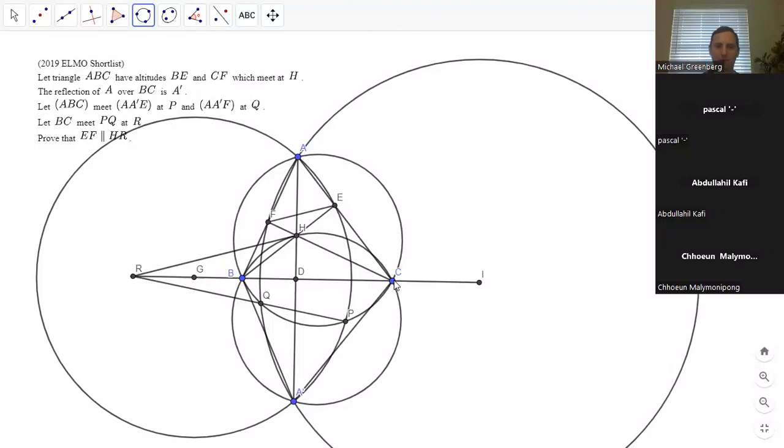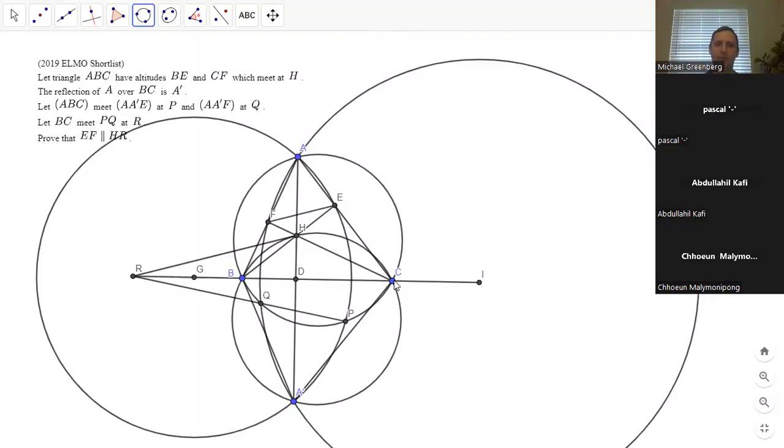It solves the problem because, yeah, it solves. Sorry, we have to prove the tangent, and that solves. Yeah, if we prove it's tangent, then it solves the problem. Yes.